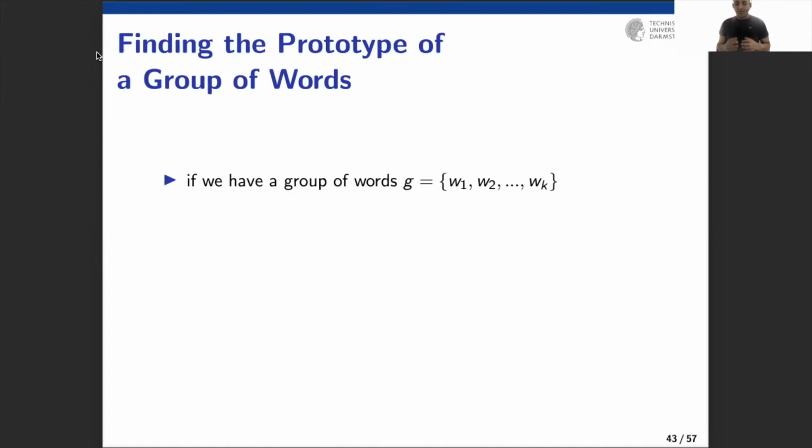Okay, now that we know how we can evaluate our word embeddings, I'm curious to know how we can use word embeddings in real applications. Let's say we are given a group of words and we want to represent this group of words with one vector.